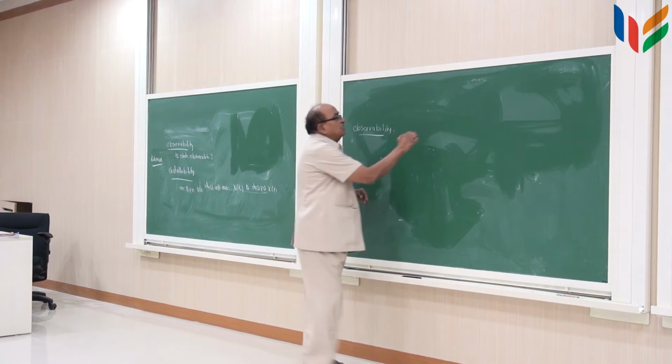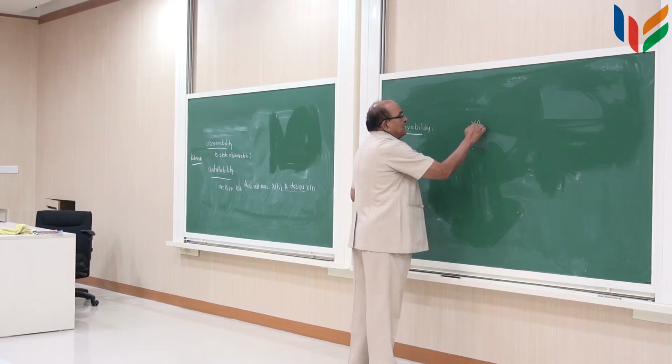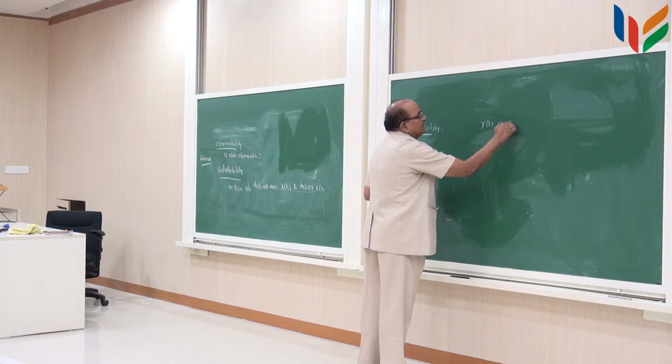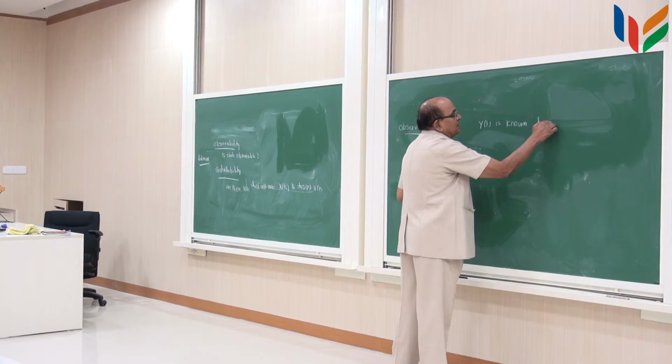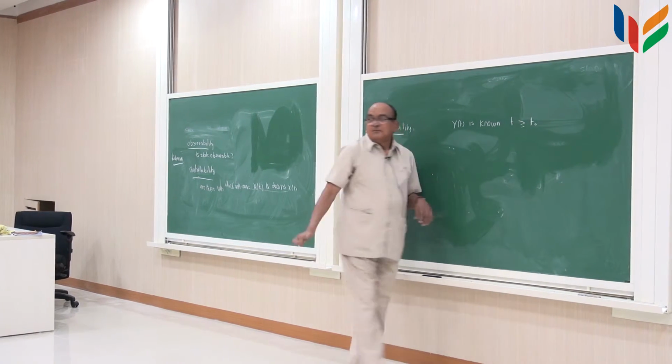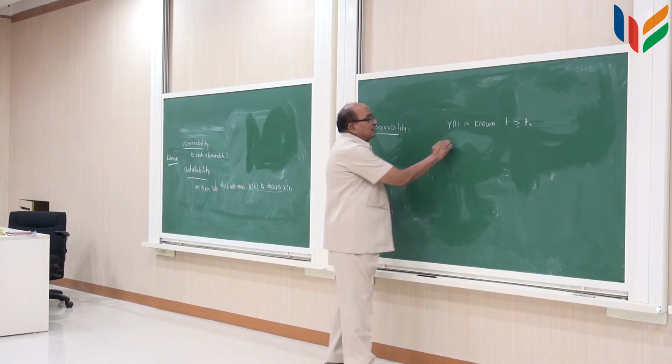The issue is, if y of t is given, is known for t greater than t0, can I find x of t?